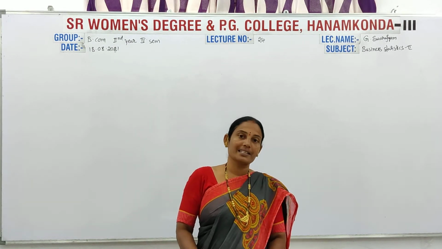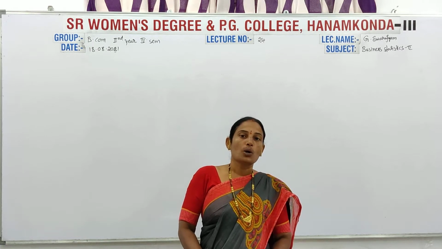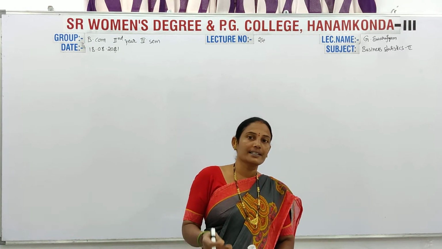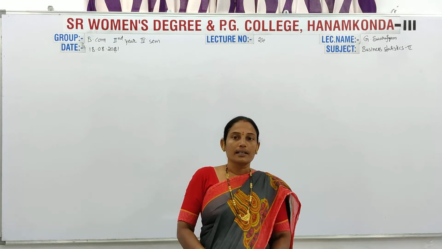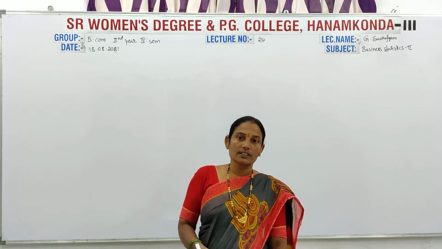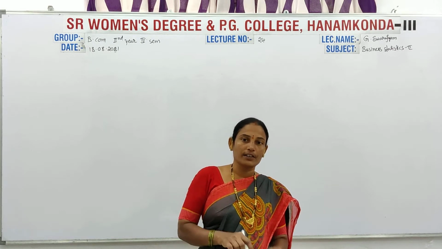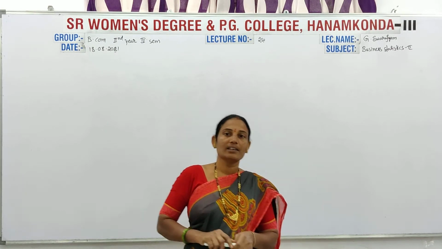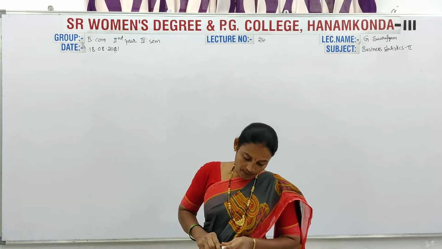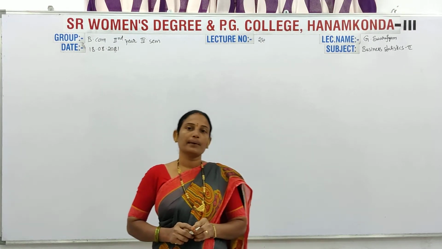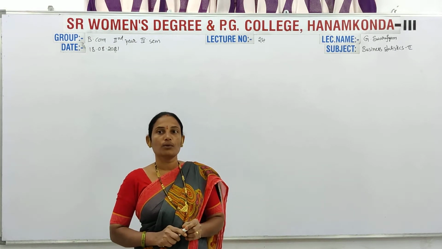In the previous class we completed the odd period moving average, with 7 years, 5 years, 9 years, and 3 years, calculating the trend values by odd period moving average. Today we will explain the even period moving average.